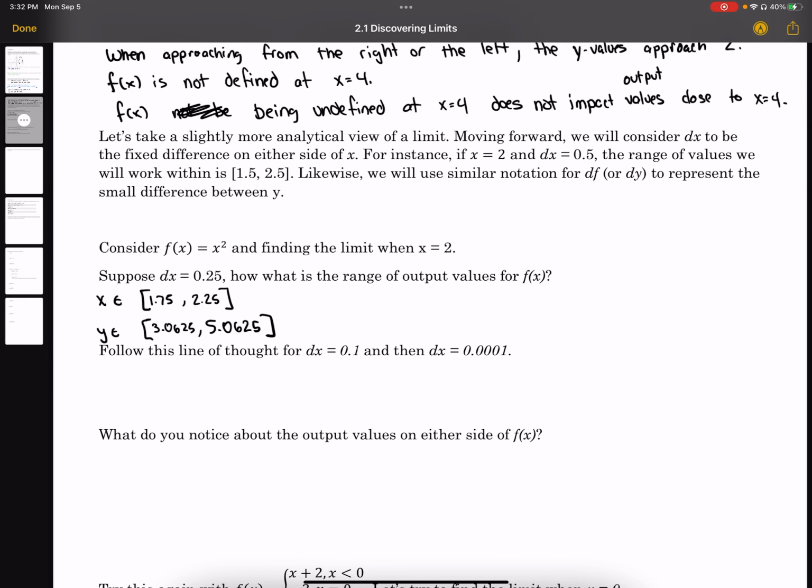So now if we narrow our range a lot, so instead of using 0.25, we're going to use 0.1. So now we're saying our x's are either 0.1 greater than 2 or 0.1 less than 2. So our x's are between 1.9 and 2.1. And we want to see what happens to our y's instead.